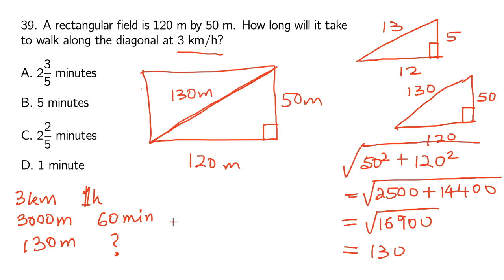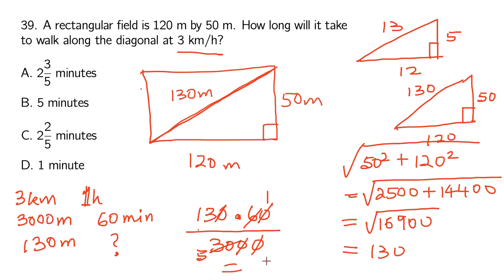Well, we can write the quantity that's going to give us that. It's going to be 130 times 60 over 3,000. And we can do some cancellations. Cancel 2 zeros. We have 6 here, 1, 6 here, 5. So we have 13 over 5. And what's 13 over 5? It's 2 remainder 3 over 5. And that's in minutes.